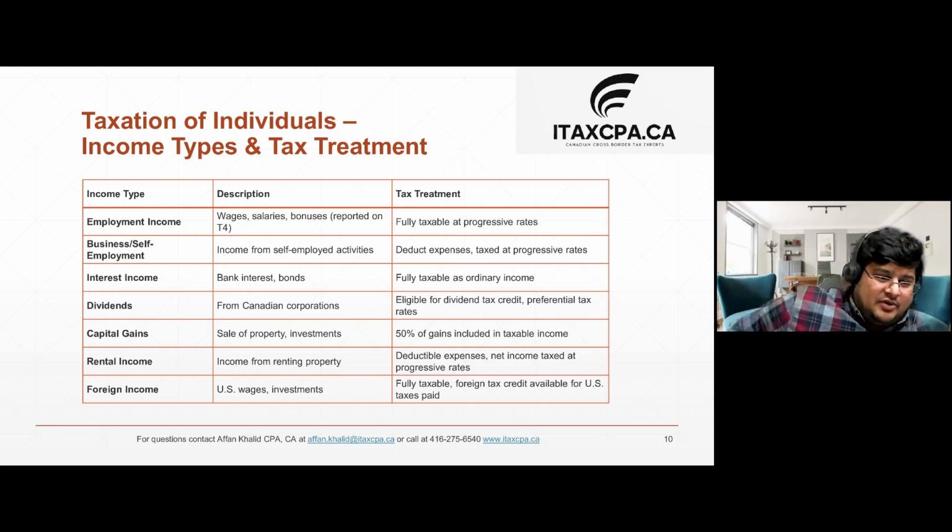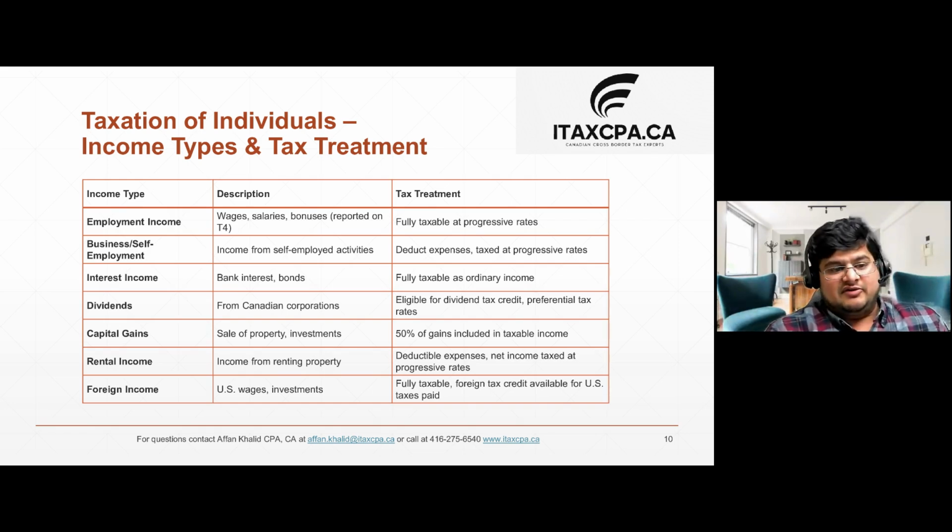Now, there is currently talk that the conservatives have proposed that the inclusion rate be increased from 50% to two thirds. But again, it has not become law. So for now, as a takeaway from this presentation, 50% is the inclusion rate for capital gains.